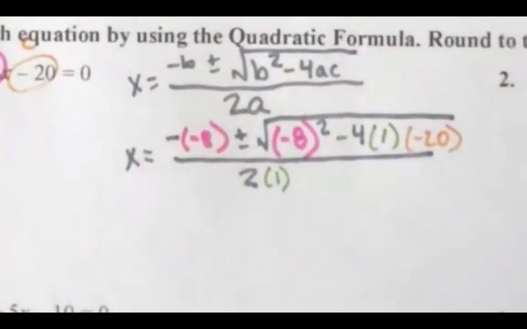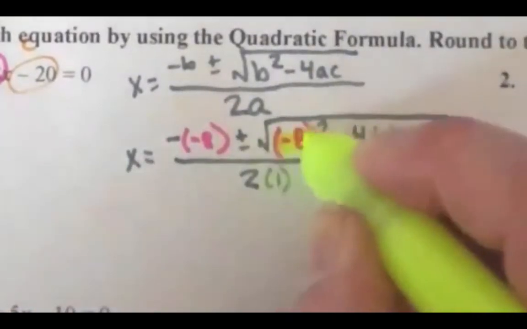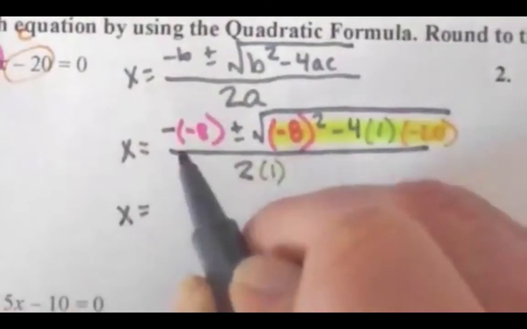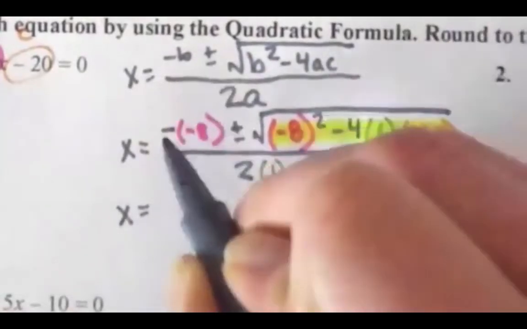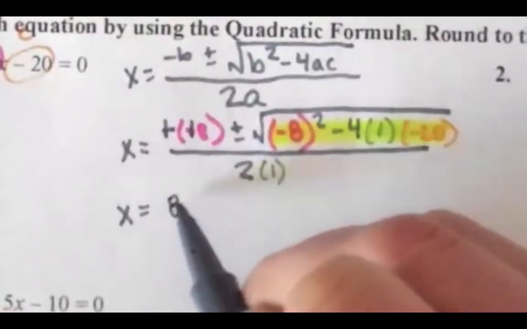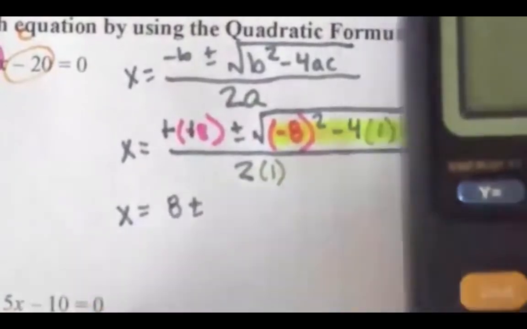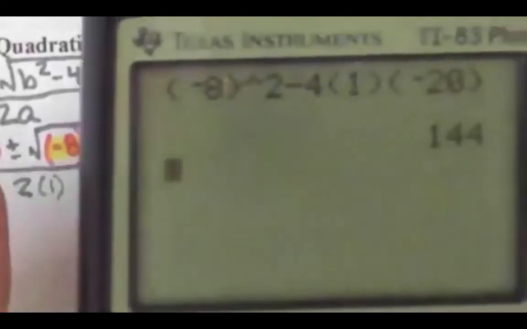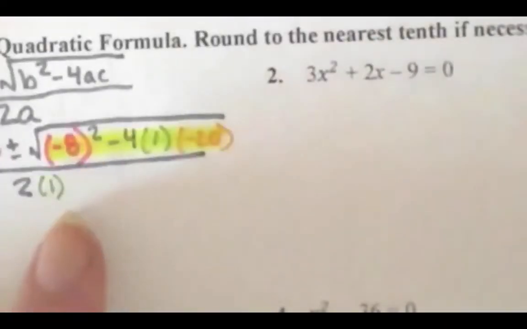My next step is to simplify what's underneath here. So I'm going to write this as x equals negative negative 8. Those two negatives cancel each other out, so it's just positive 8 plus and minus. I'll type in here negative 8 squared minus 4 times 1 times negative 20 is, sorry you can't see that, 144.